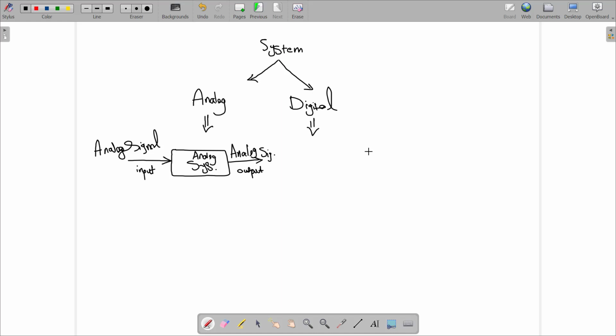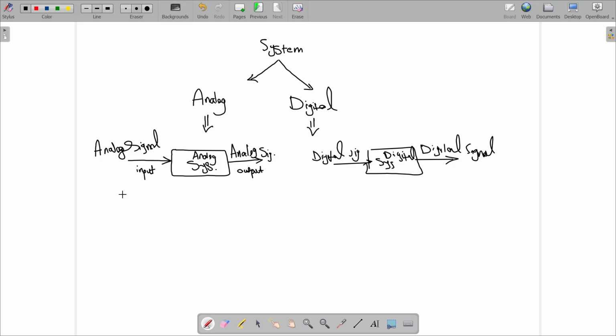On the other hand, if I have a system whose input is a digital signal and output is also a digital signal, we call this type of system a digital system.